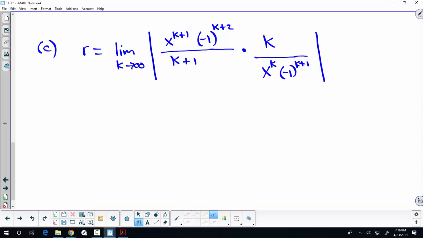The only thing that we're required to keep in absolute value is anything dealing with x, because that's the thing that's varying. K is approaching infinity, so it's always positive.